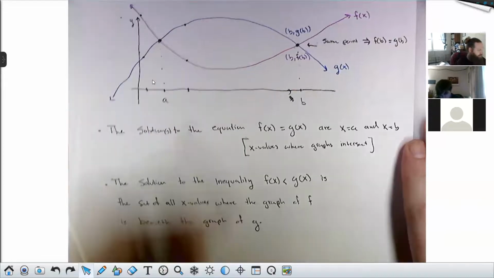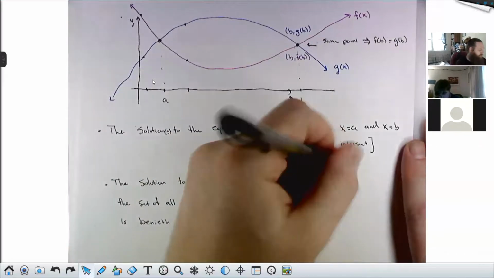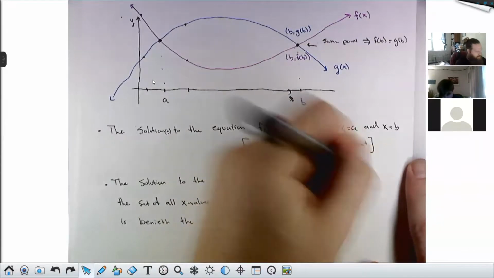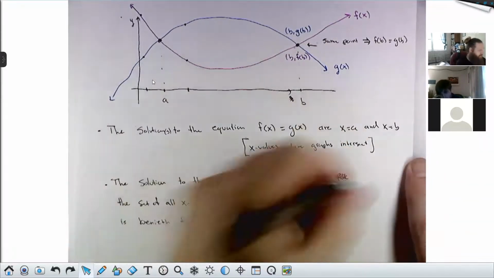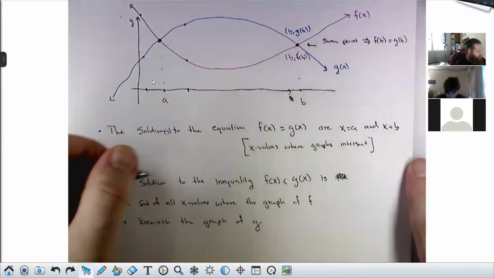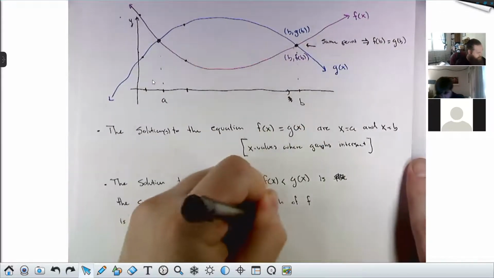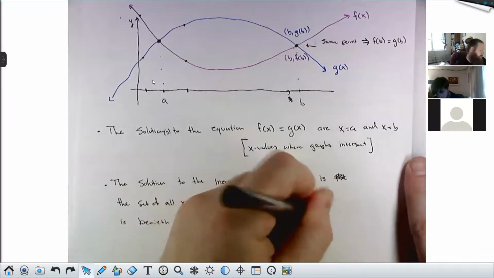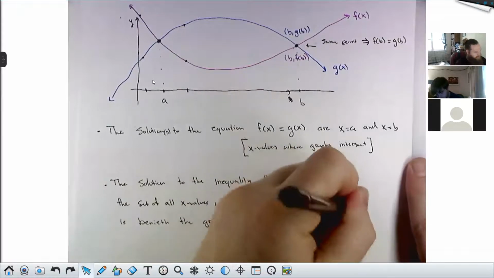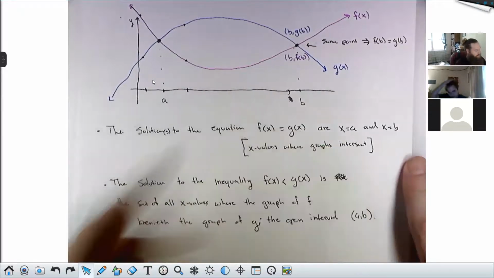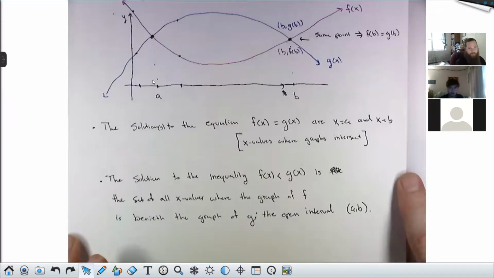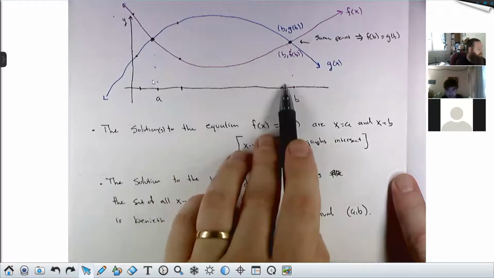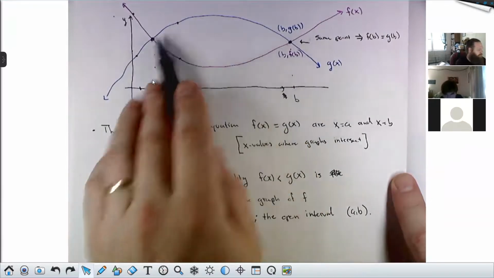So for this particular example, we would have the open interval, put it over here, from A to B. Right, it's precisely these x values in here between A and B where the purple is beneath the blue.